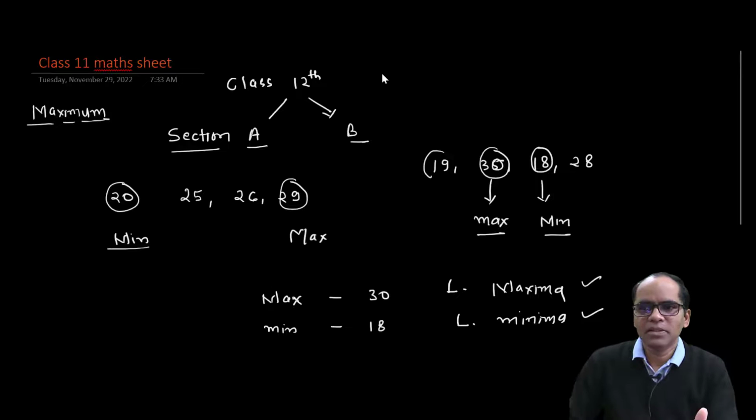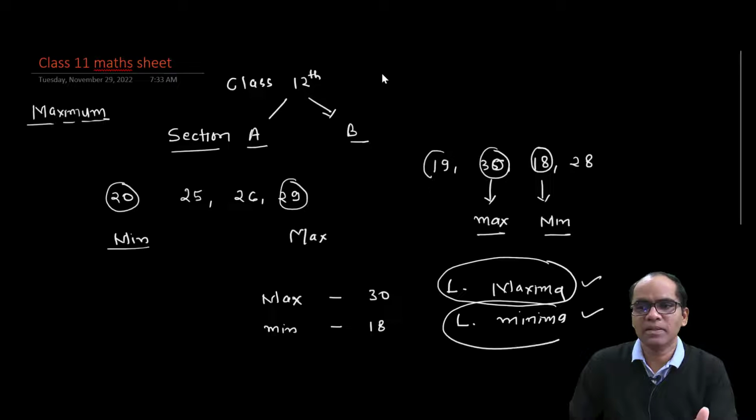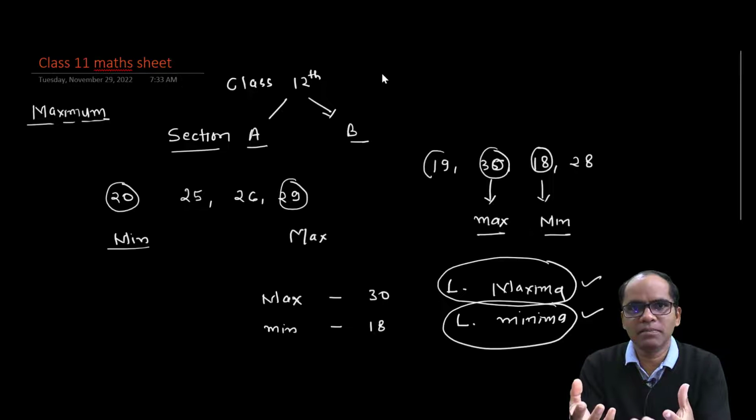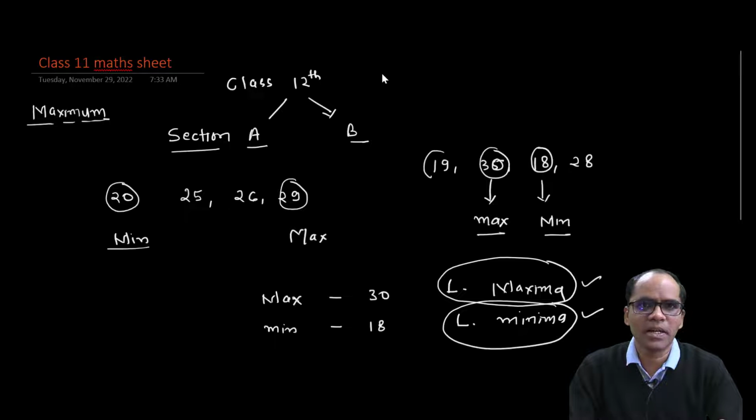So that is local maxima and local minima. And if we find the maximum and minimum value including all sections, that is the maximum value and minimum value. I hope you are getting it.